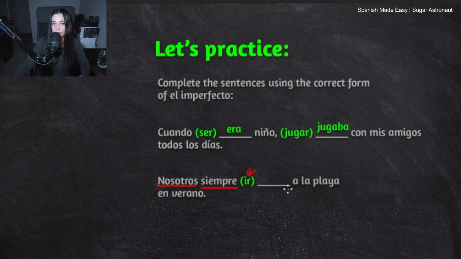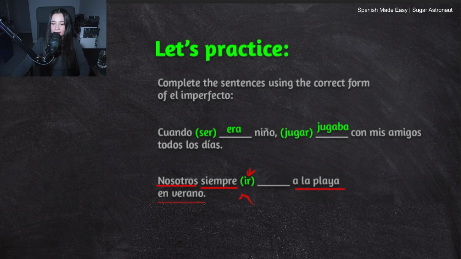Okay, we have to conjugate it in the imperfect tense. A la playa, to the beach. En verano, in summer. Okay, so essentially we are trying to say we always used to go to the beach in the summer.